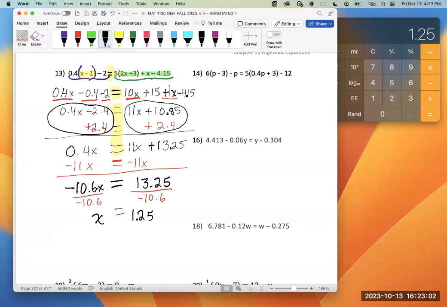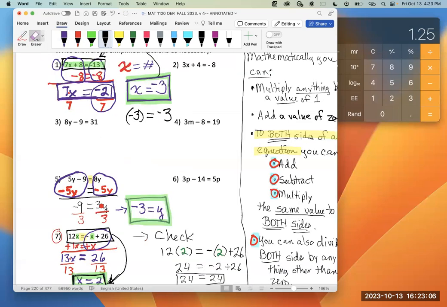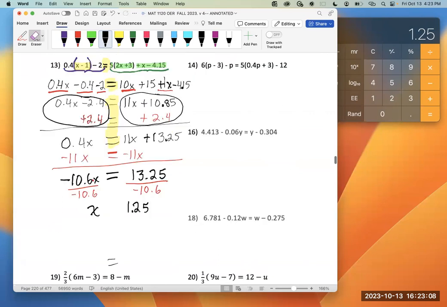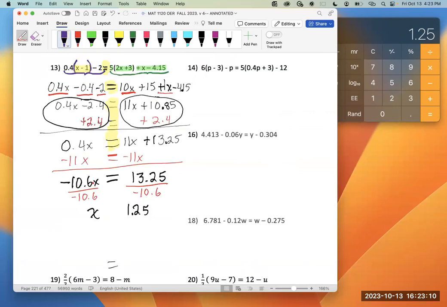And my answer will be negative, because negative divided by positive and positive divided by negative give you negative. Again, I have a positive divided by a negative, so my answer will be negative.